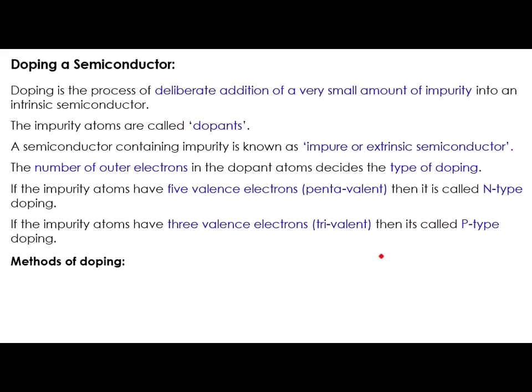Now, there are various methods or processes of doping. One is a process in which we heat the single crystal of silicon or germanium in the presence of dopant atoms, those impure atoms, in vacuum. We keep the single crystal in vacuum and heat it, and at the same time we supply dopant gas, and the dopant atoms are deposited layer by layer on the wafer or single crystal.